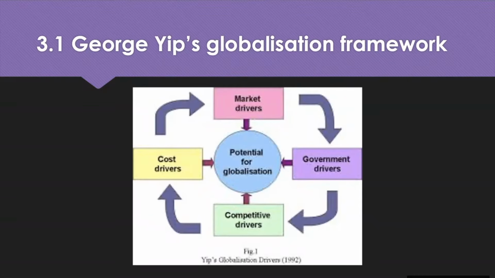The cost drivers on the left look for scale economies, country-specific differences, or favourable logistics. The government drivers on the right look for trade policies, technical standards and host government policies. And at the bottom, the competitive drivers look for independence or interdependence between countries and the competitors' global strategies.